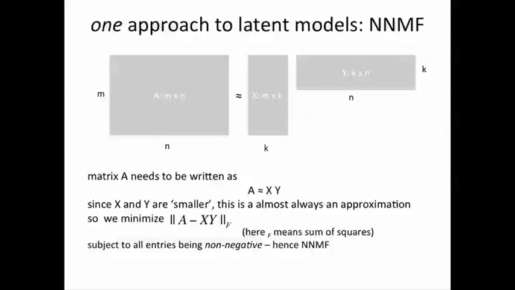So positive weights are essential, and all the entries are supposed to be non-negative. So various types of non-negative matrix factorizations are possible. Some compute X and Y from scratch to minimize this kind of a norm. Some choose X and Y from amongst the columns of A, and in fact there are many ways that one can come up with a non-negative matrix factorization.